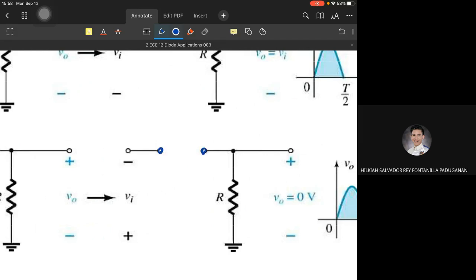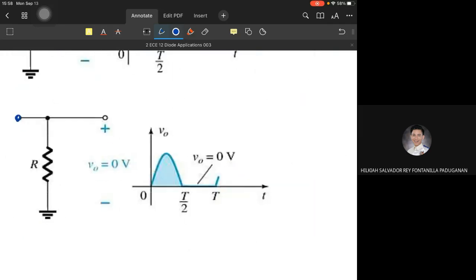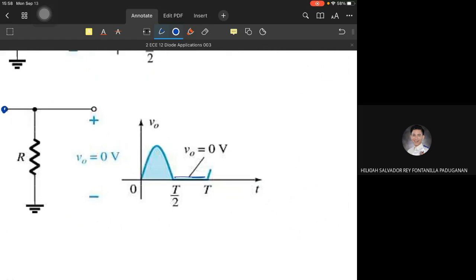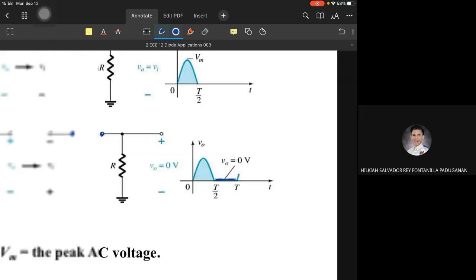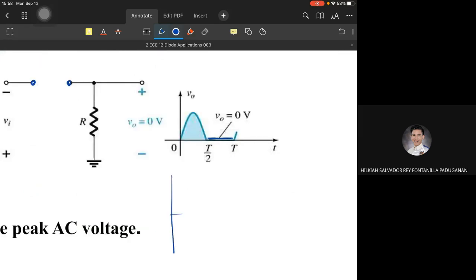If it's open circuit, it will block current. That's why, diba, 0 volts. So we combine the signal on top and the signal below. Okay.